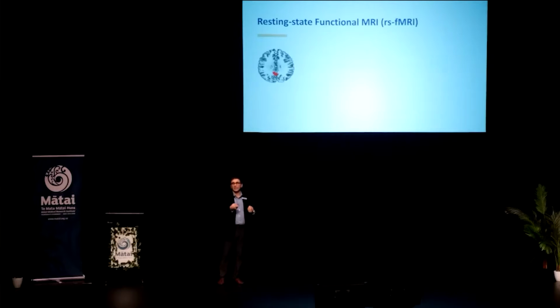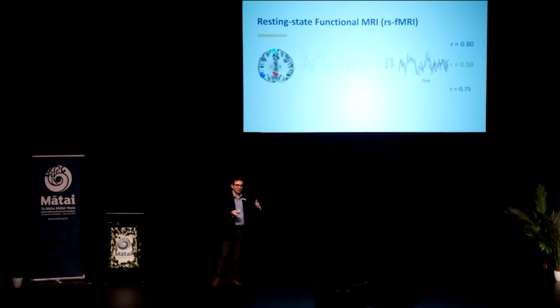To identify these networks, we look at the fMRI signal from one area of the brain that we are interested in, and then compare this time course with signals from other areas of the brain and identify the ones that follow the same pattern.